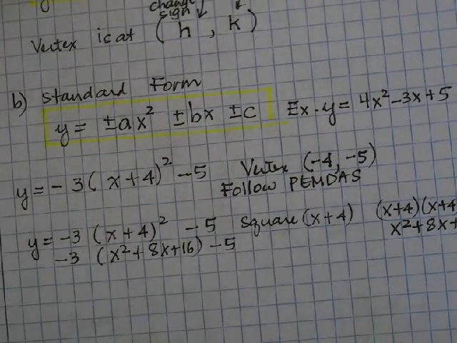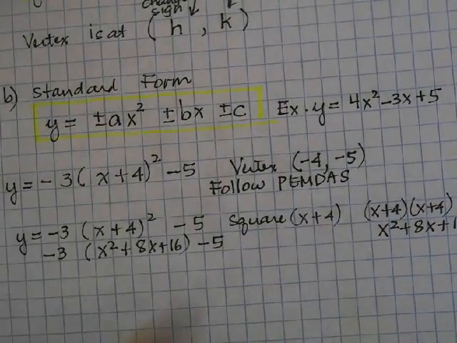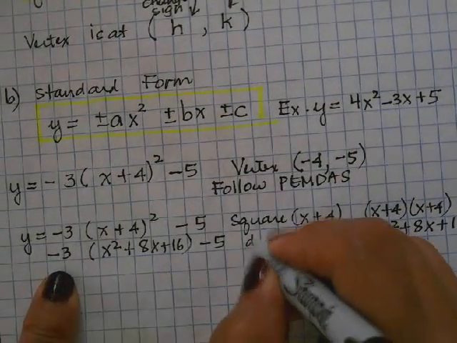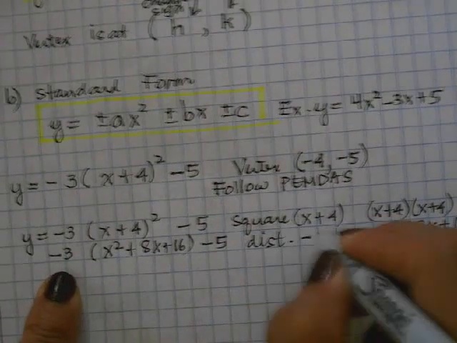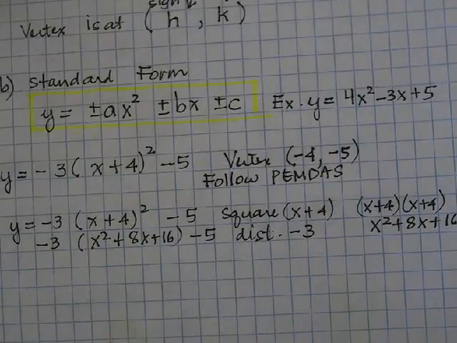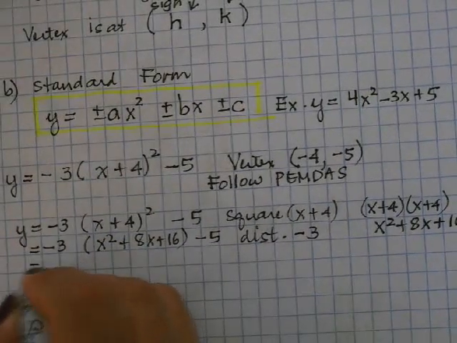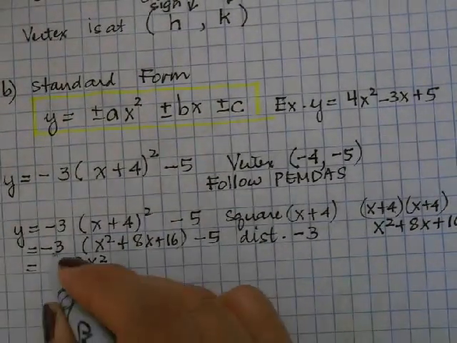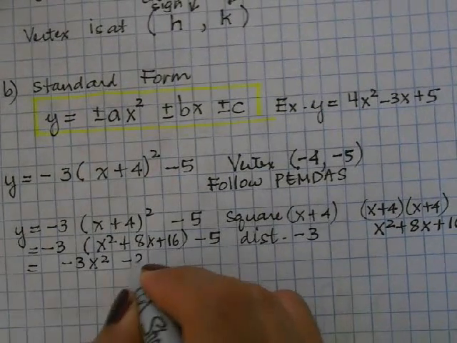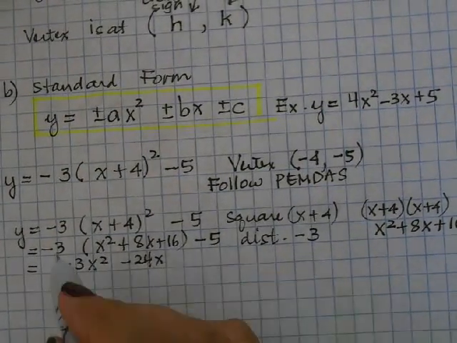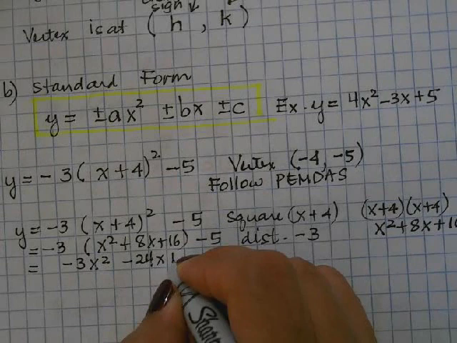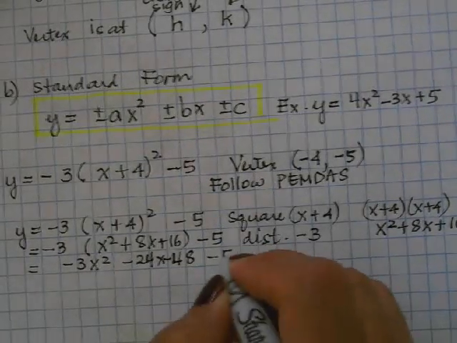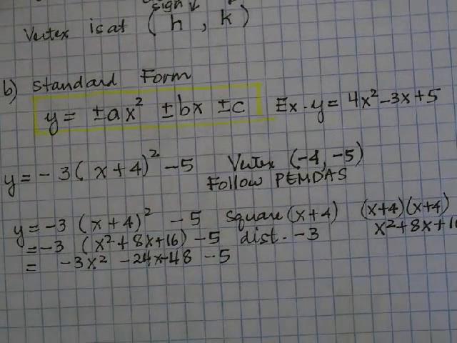Then what is next? Multiply. You have to distribute negative 3 to the parentheses. So that would be negative 3x squared, no more parentheses, negative 3 times 8, negative 24x, negative 3 times 16, negative 48, and minus 5.